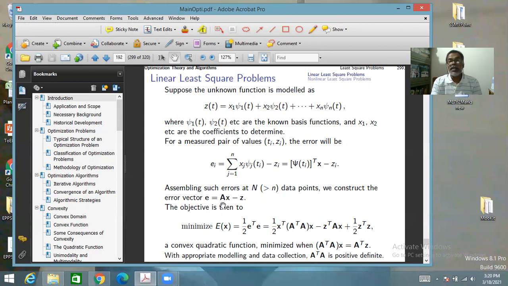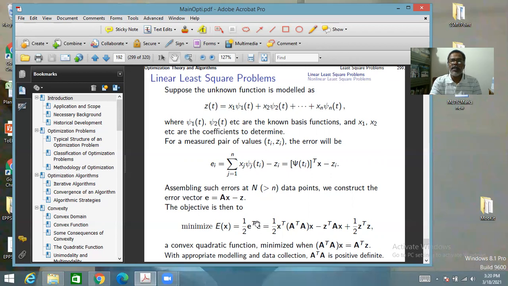Ideally, it would be ideal if this error vector were completely zero, but that is unbelievable because there will be experimental errors. So how small can it be with these experimental measurements? For that, you minimize the sum of squares of each of these. That is, basically you minimize the norm square of this vector.